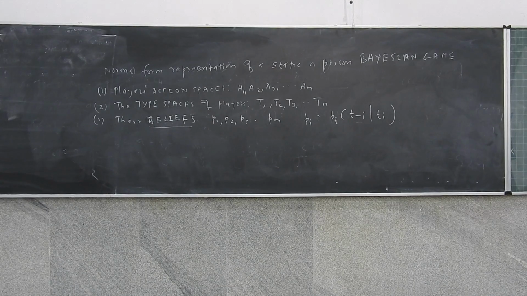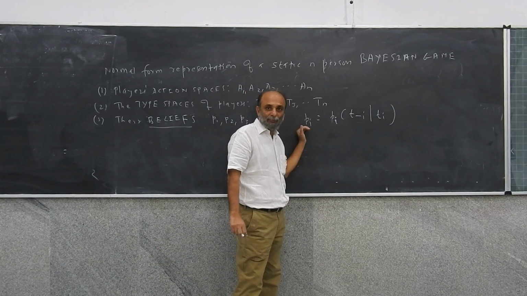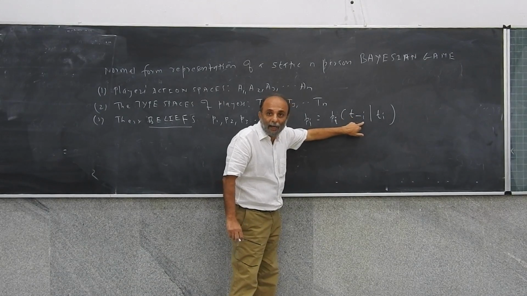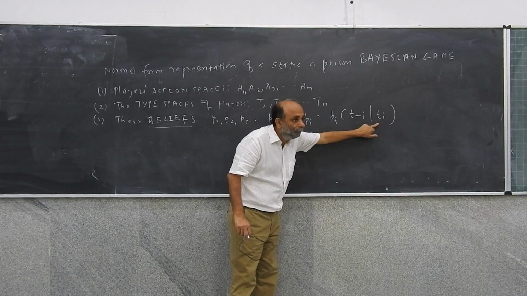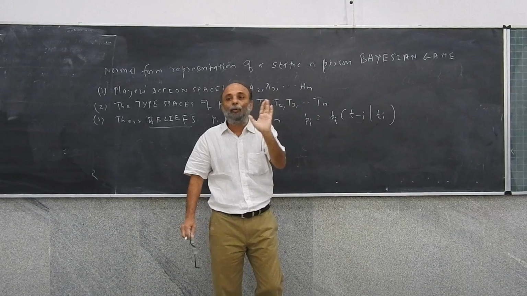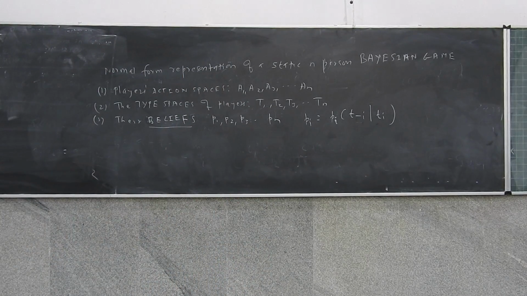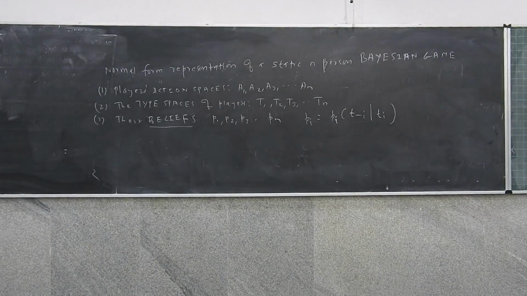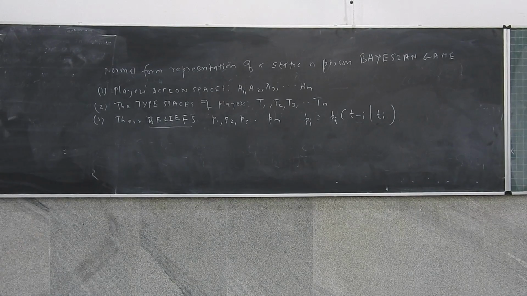So what it says is that the beliefs are the probability, in the belief of the ith player, that other players are of certain types, given that player's specific type. Conditional upon that player's type. So you know your own type, and you have beliefs over the probability with which other players have specific types, given that you know your own type. So the beliefs are conditional probabilities.